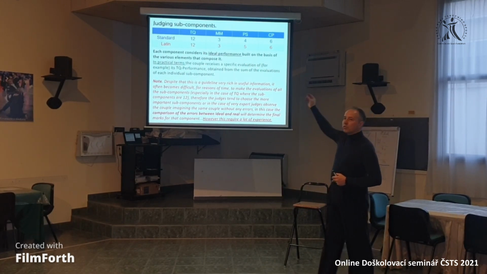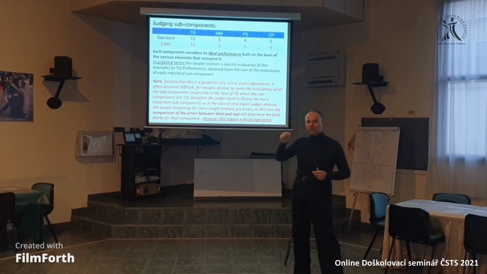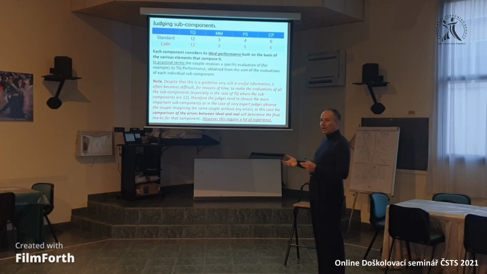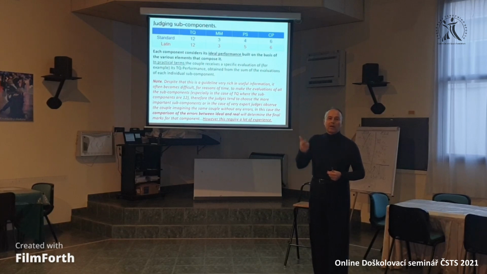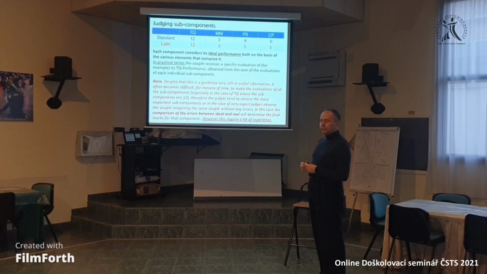So if I have 12 subcomponents, I have to consider for each of these 12 an ideal mark. Then I have to do the sum and then the average, and I find out the final marks for the main components. So for technical quality I have to sum together 12 marks before finding the main mark for the technical quality.